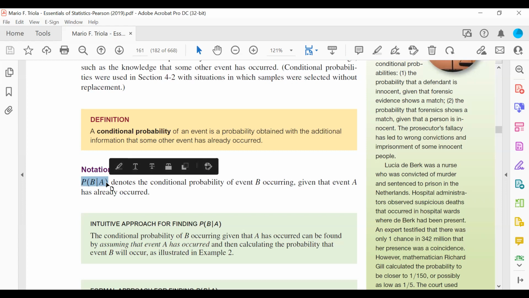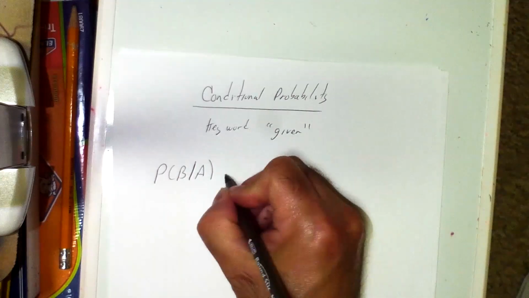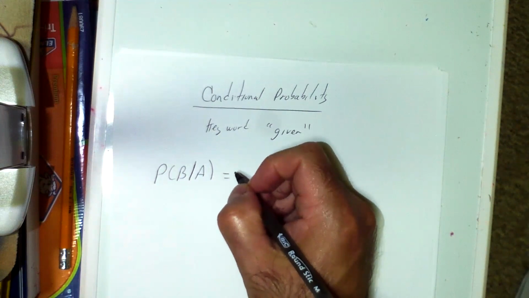We've seen that symbol before. Do you guys remember where we saw that symbol? That symbol came from one of the multiplication rules. Was it with replacement or without? Remember? It came from the without replacement.